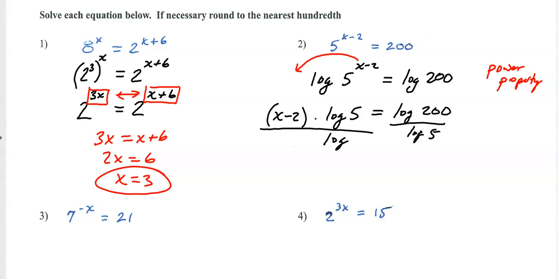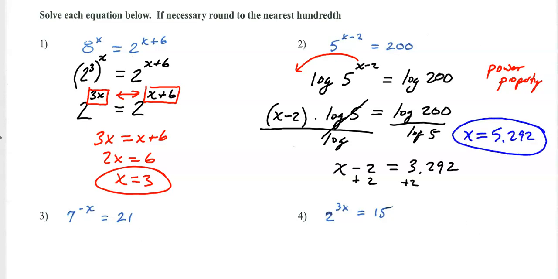Here's where I'll probably go to my calculator and figure out what log of 200 over log of 5 is. It is 3.292, roughly, if you cut it off somewhere. Then I'm going to add 2 to both sides, and I will get x equals 5.292.